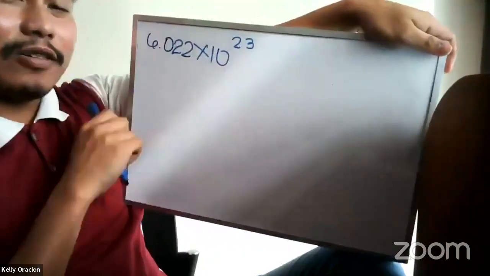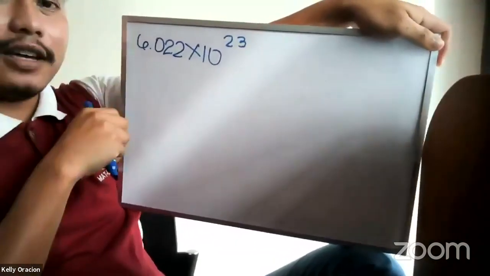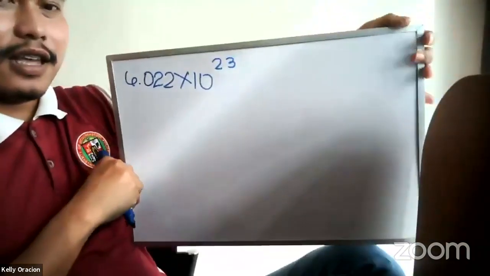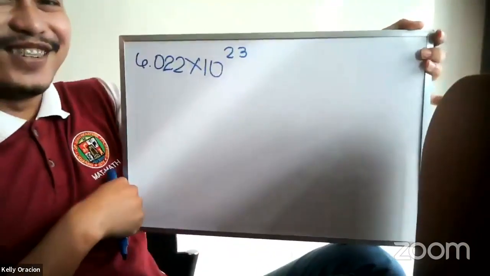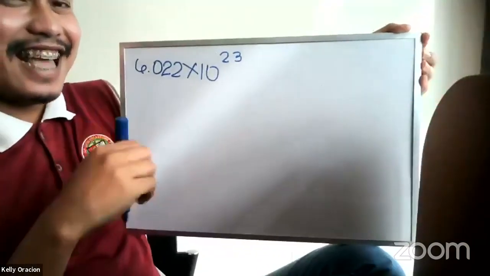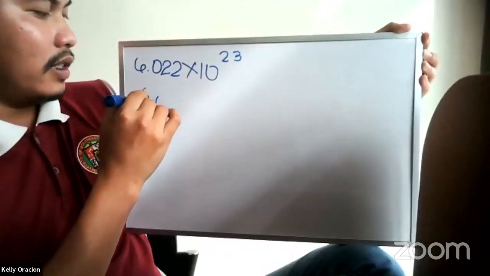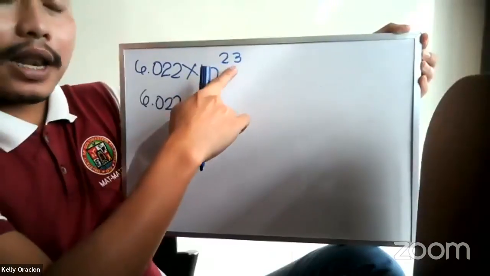Maklaro ang writing ko? Opo, clear po siya. Sige, let's start. 6.022.